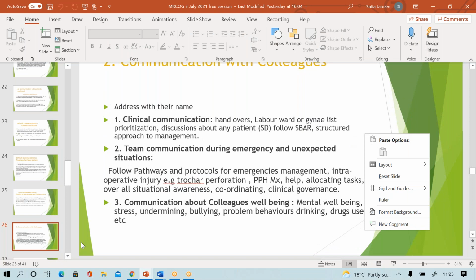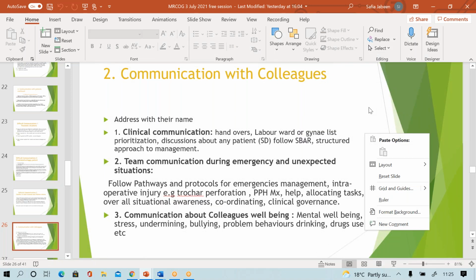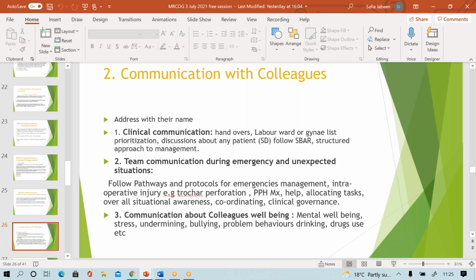Then the second type of communication with the team is when we have emergencies and unexpected situations. There are very certain ways you should be communicating with your colleagues. The reason we need to practice them is so that there is standard behavior and standard pathways of communication under such emergency situations, so we do not miss anything.